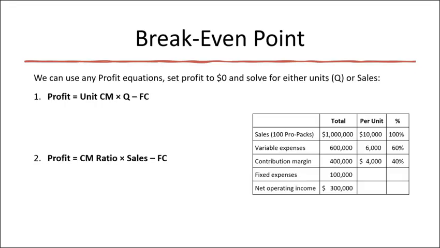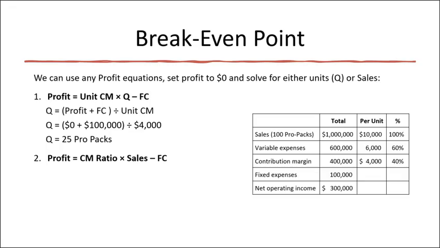In the first equation, profit equals unit contribution margin times Q minus fixed cost. Let's use that equation and reorganize it to solve for Q, quantity. What would the quantity have to be to break even? We would rewrite the equation: Q equals profit plus FC divided by unit contribution margin.